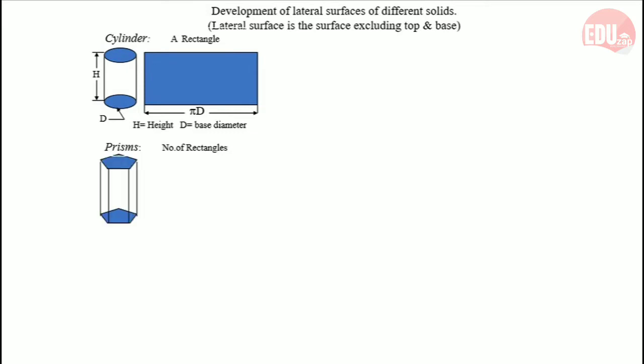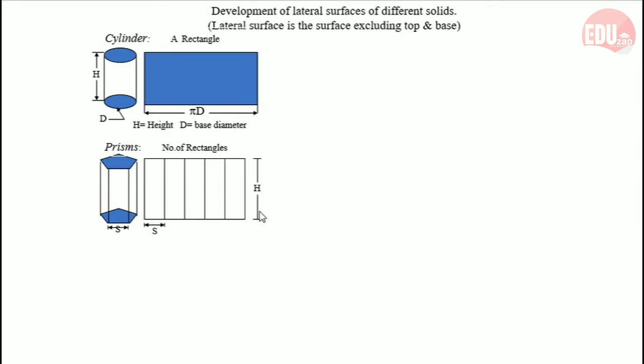Say if it is a prism, all the lateral surfaces of prisms are rectangular in shape, with dimensions base edge and height of the prism. Say if it is a pentagonal prism, it has 5 lateral faces.